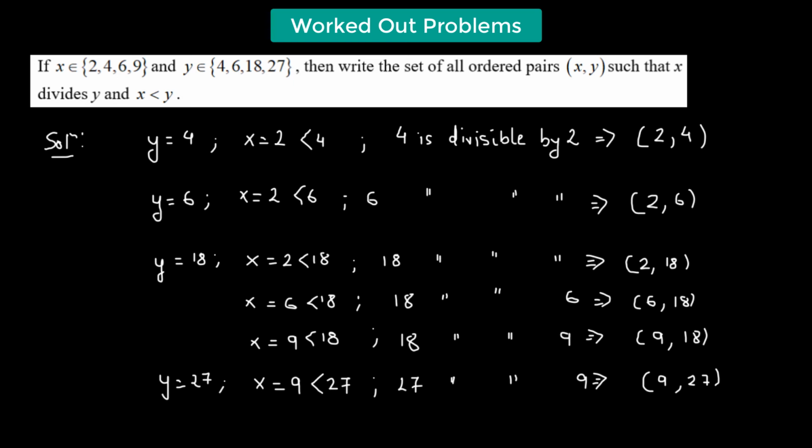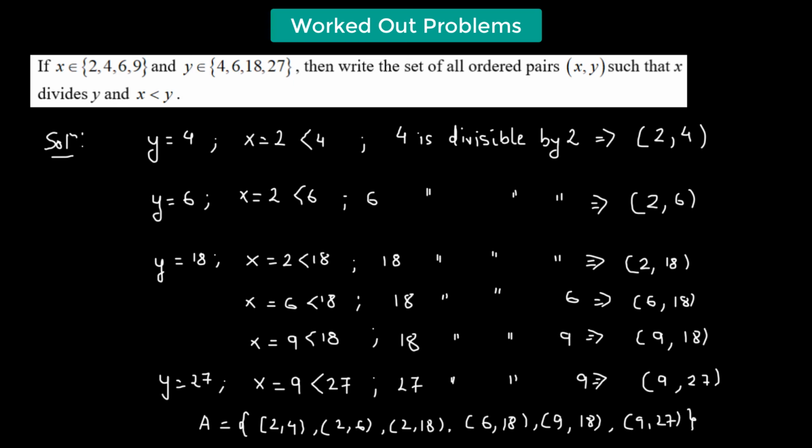So the final set, let's call it A, will be the set containing the ordered pairs (2, 4), (2, 6), (2, 18), (6, 18), (9, 18), and (9, 27).